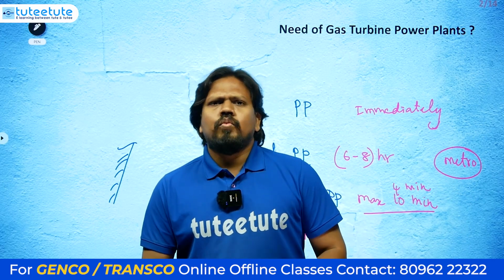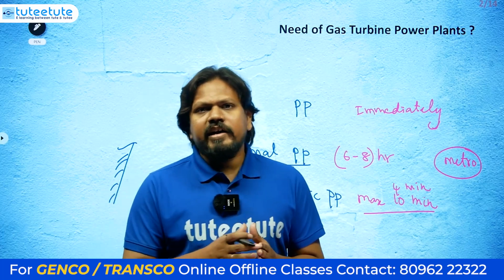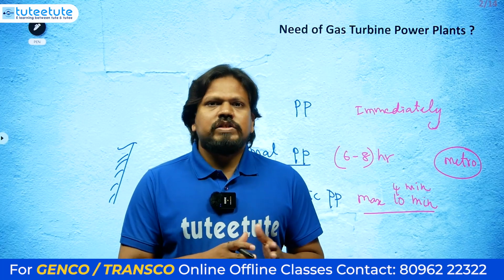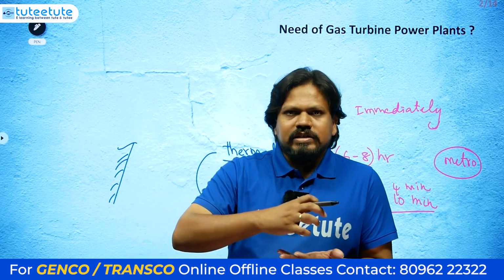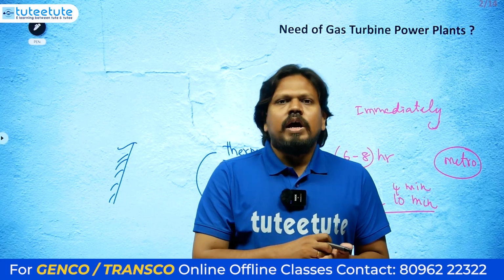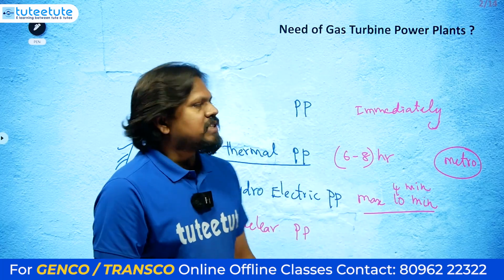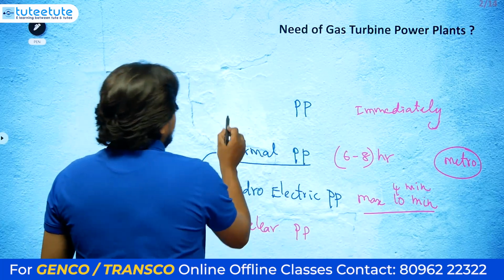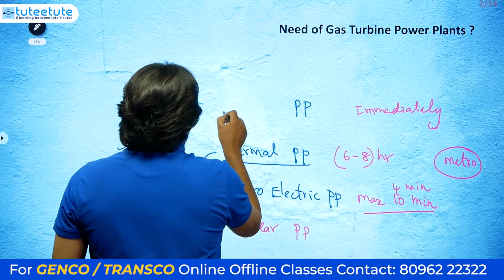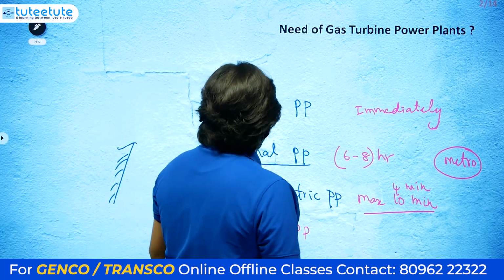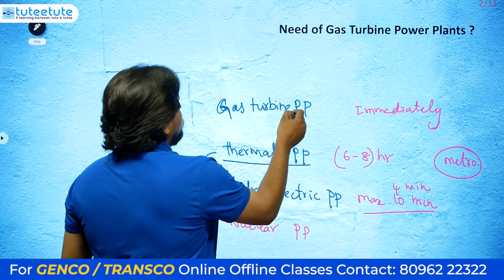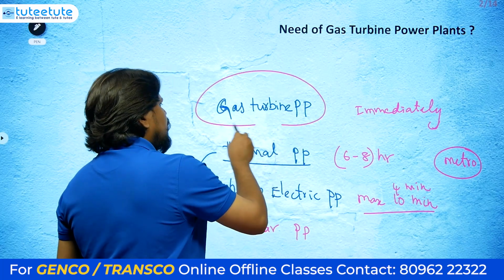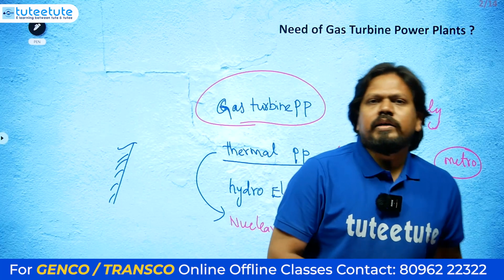That's why we need a certain kind of power plant which will run immediately and give electrical energy output as early as possible. That's why we need this gas turbine power plant technology.